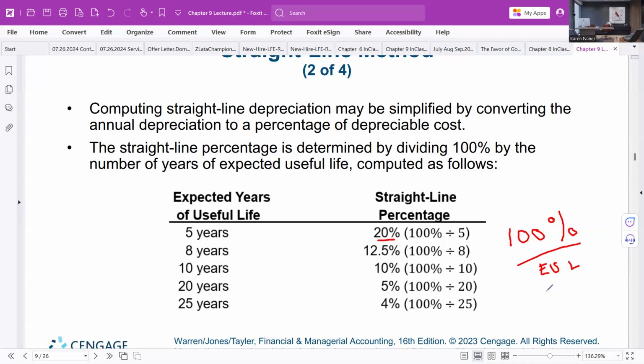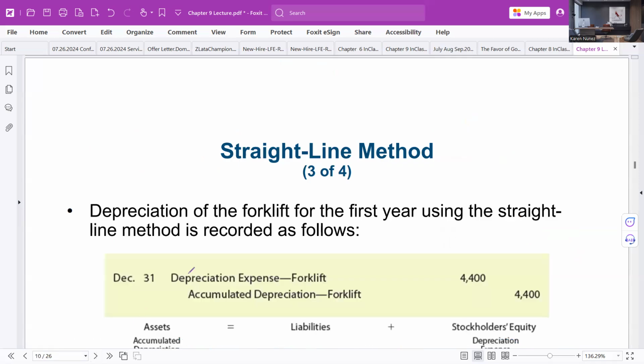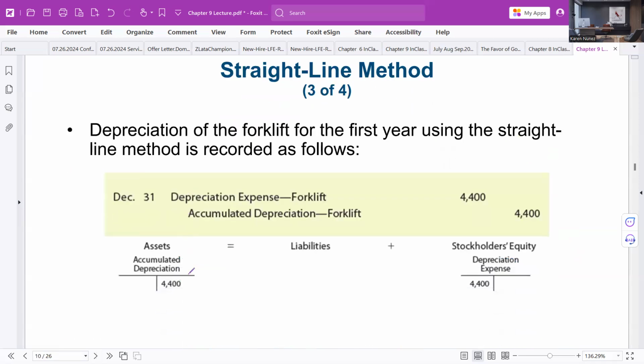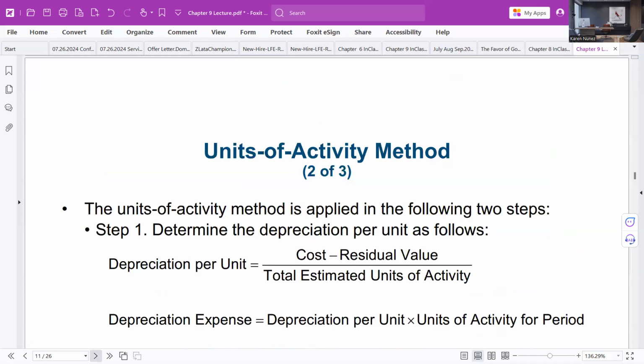Just 100% divided by the estimated useful life gives us the straight line percentage. That's how we're always going to calculate it. When we record this depreciation, the entry is going to look just like this: debit depreciation expense, 4,400, credit accumulated depreciation, 4,400. That's the adjusting entry to bring the accounts up to date.